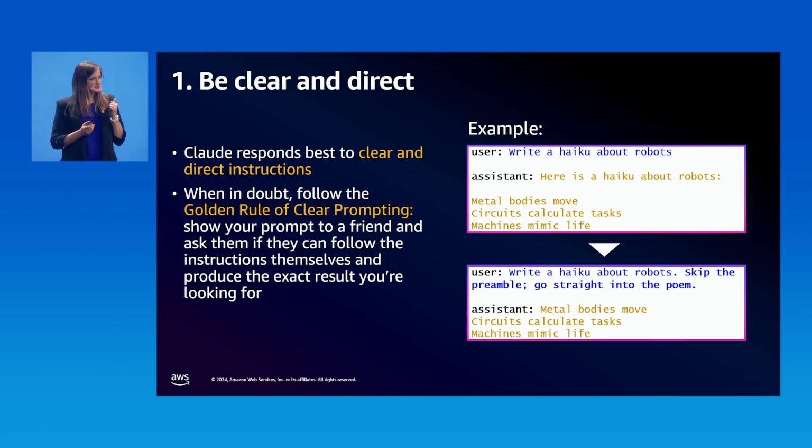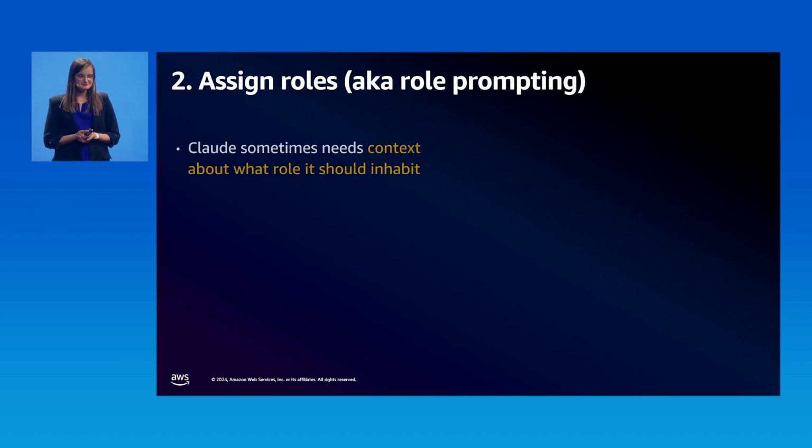And do you recall Konstantin's example on the difference between explanations of quantum entanglement for a PhD student and for a kid? Well, the idea here is indeed to utilize roles, also known as role prompting, and it is helping us to give the context to Claude to understand what role it should inhabit.